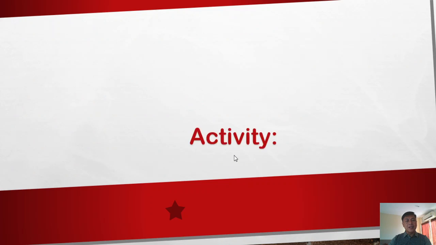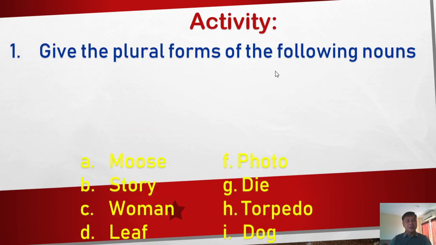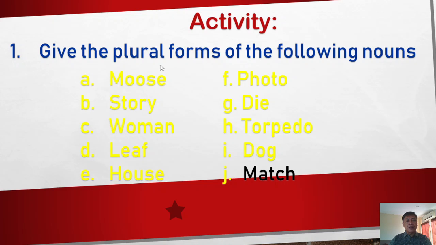For your activity, number one, give the plural forms of the following nouns. Letter A is mouse. B, story. C, woman. D, leaf. E, house. F, photo. G, die.